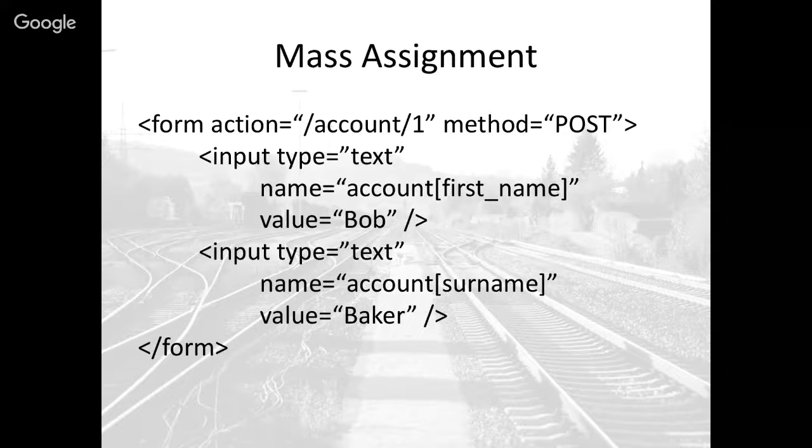So Rails has this idea of wanting to help you construct forms really nicely, right? So it has a bunch of helpers that will help you build up a form, and it results in something like this. I've got, sorry, this is a bit too much to put in the slide, but I've got a text field here and it's supposed to contain your first name. I've got a text field here and it's supposed to contain your surname.